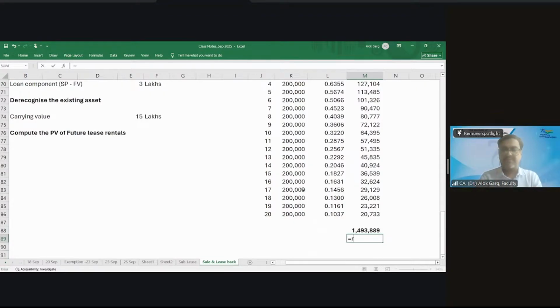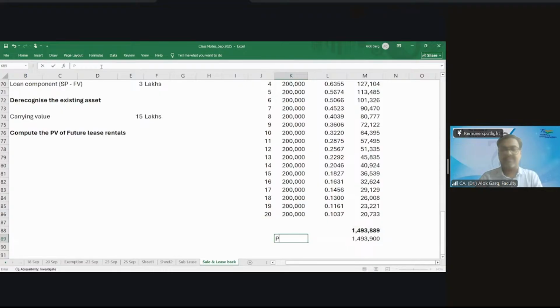Round off. 14,93,890, or you can round off in hundreds, 14,93,900.